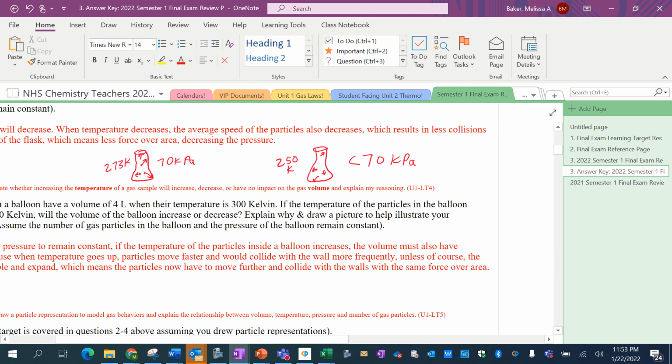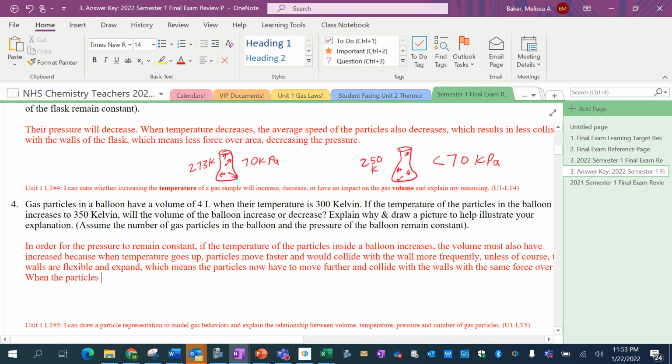So when the particles speed up, they push out against the flexible walls of the balloon, causing the volume to increase. We can show a balloon with the particles inside.